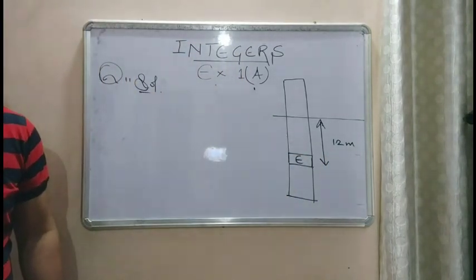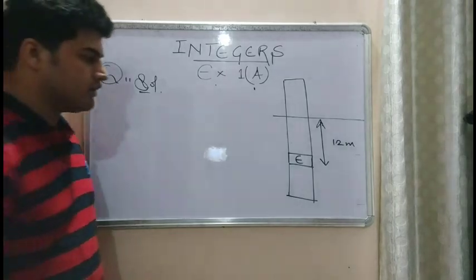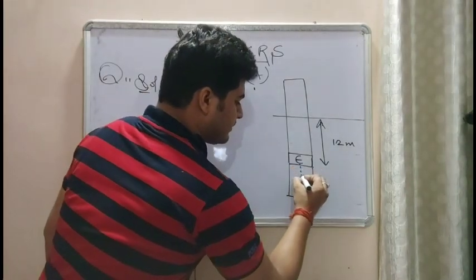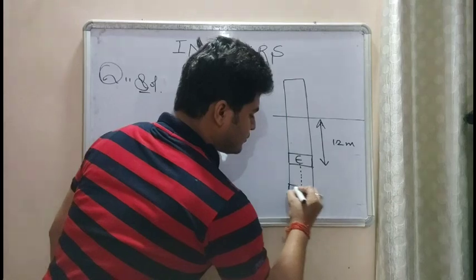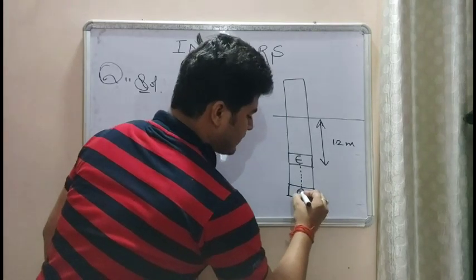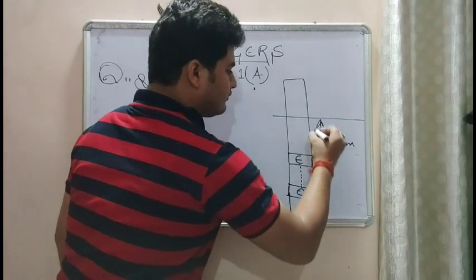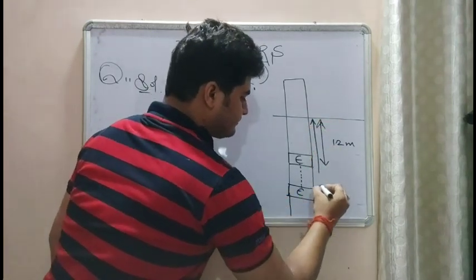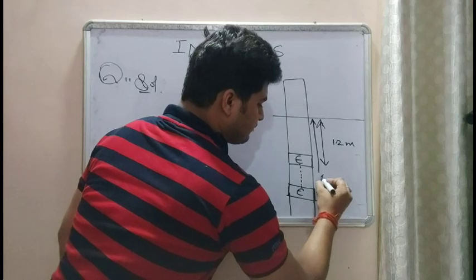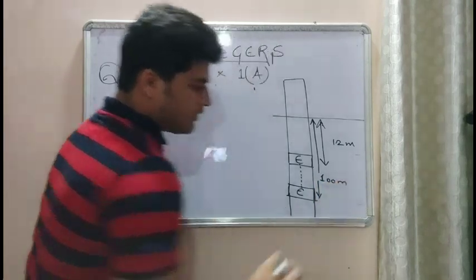Then it descends to a point 100 meters below the ground. Then the elevator descends, मतलब it goes down और नीचे जाता है, up to a depth of 100 meters from the ground.